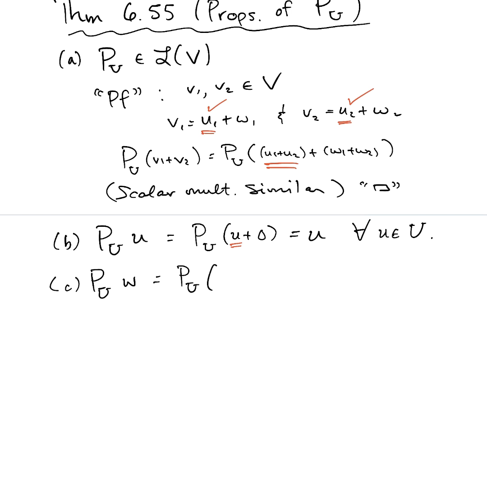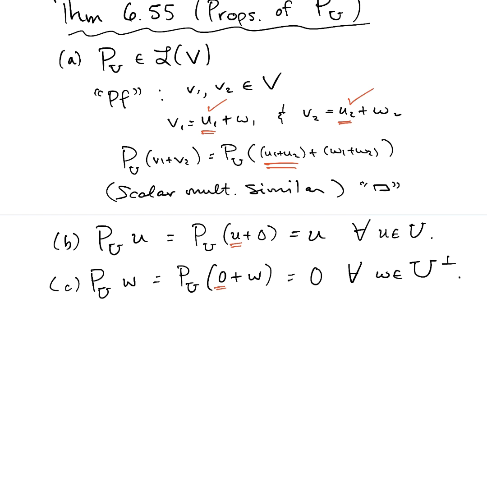If W is already in the green blob, then you think of it as 0 plus W. And again, when you project, you simply lop off the part that's in W, which leaves you with just the part that's not in W. So that's 0. And that's true for all W that already belong to U perp.